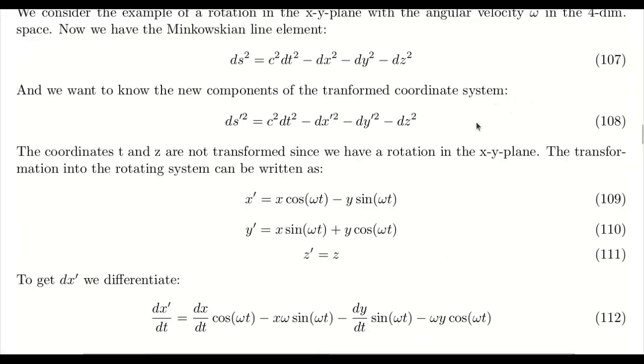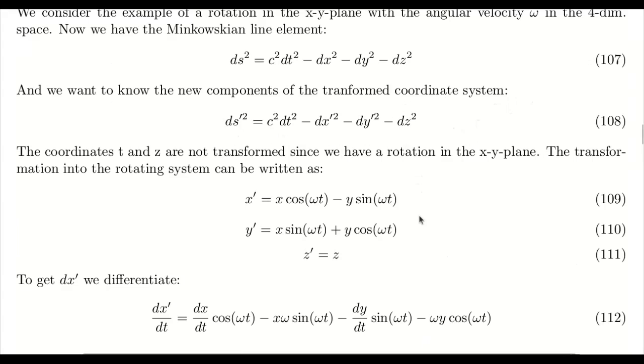Then we want to know the new components of the transformed coordinate system. So we write ds primed here, and we have only a change in the x and y coordinates. So only x and y are primed as new coordinates. There is no change in z, and there is no change in the time coordinate. That should be known from the basic lectures in theoretical physics or linear algebra.